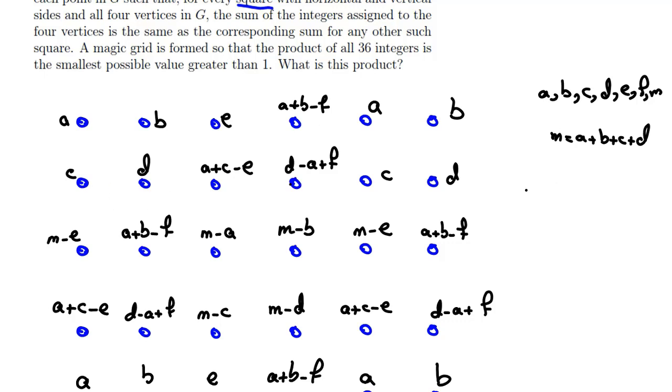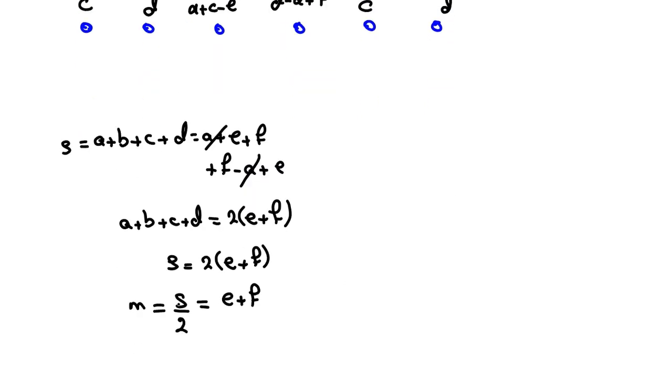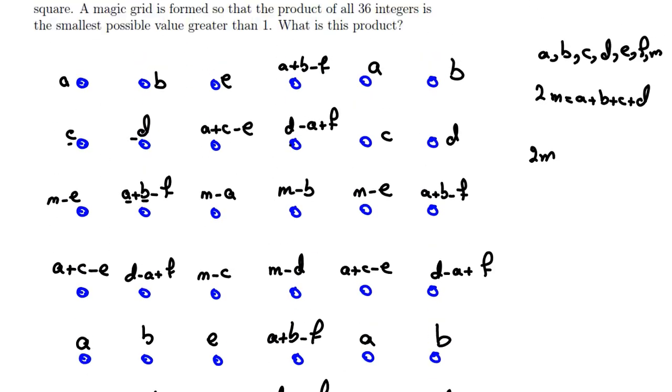So let's write it. A, B, C, D is what? It is 2M. We said M is the sum over 2, so 2M is A plus B plus C plus D. So 2M plus M minus E minus F equals this sum, which equals 2M.